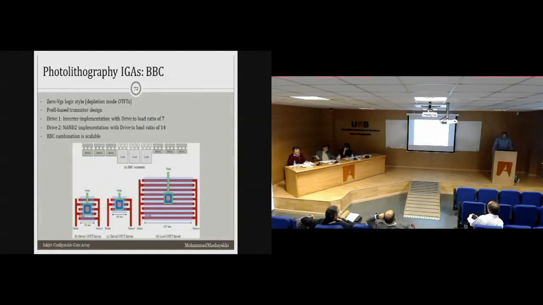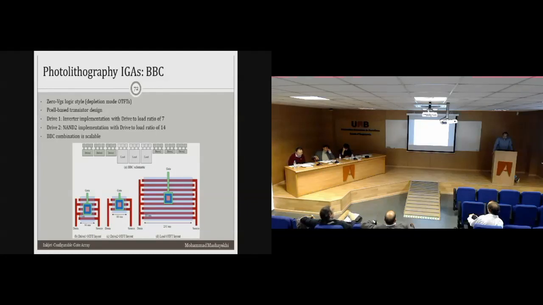The BBC is made of drive 1, drive 2, and load. Load is dimensioned wider than drive 1 and drive 2. The ratios are 7 and 14, the optimum ratio after some trials. This is P-cell based, so we can change the dimensions of the transistors if required.